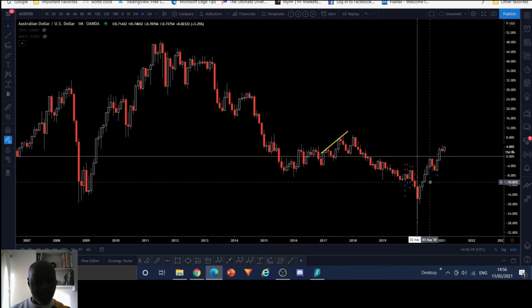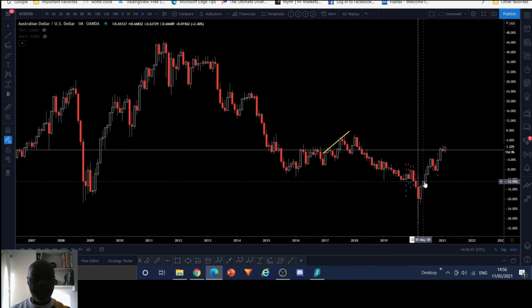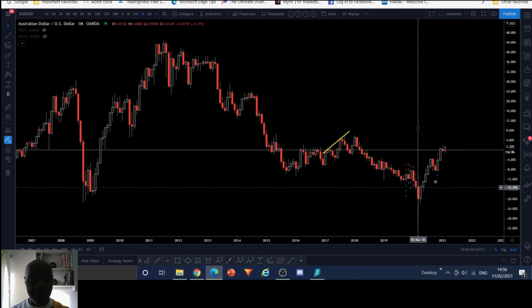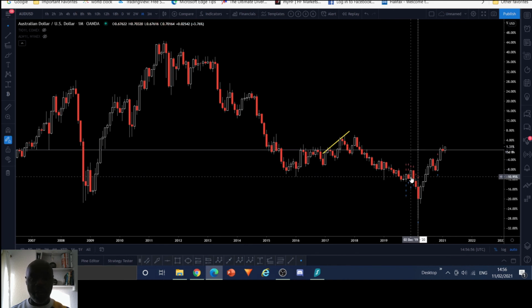So the Australian government at some point in the future may have a battle on their hands to keep this exchange rate down. A lot of that is going to depend on China, because if China keeps buying iron ore and coal at the rate they are, or if that increases, this is going to go up.